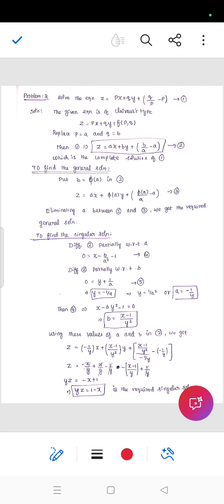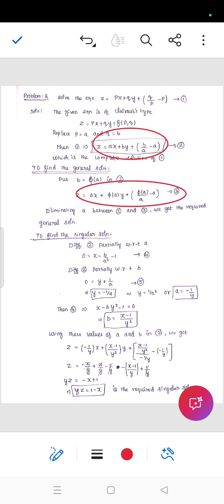From this, to find the general solution, replace b by phi of a. Then equation 2 becomes equation 3, that is z equal to ax plus phi of a into y plus phi of a divided by a minus a. Then eliminating a between equations 2 and 3, we will get the general solution.